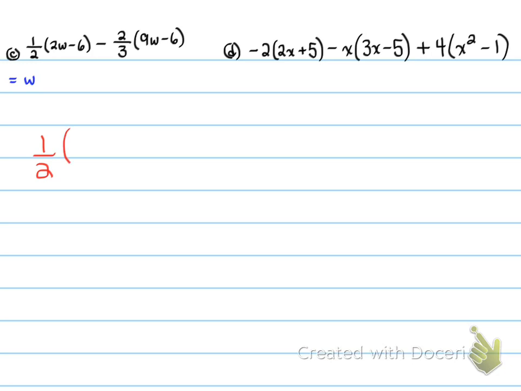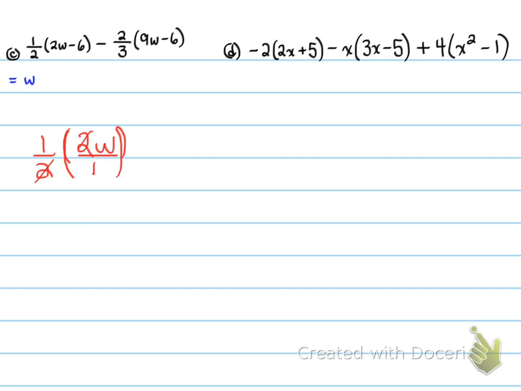1/2 times 2w, just like that, means that this is 2w over 1, if we look at it this way. And remember, we talked about earlier how to reduce our answer. So we'll end up with just w.